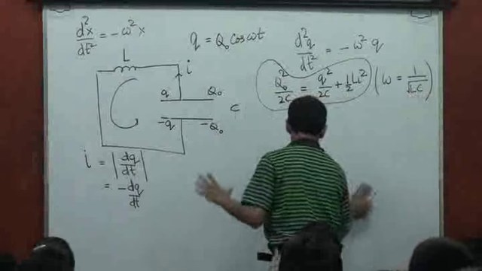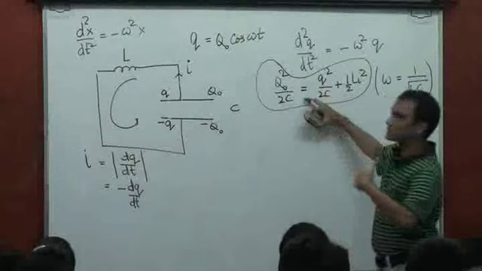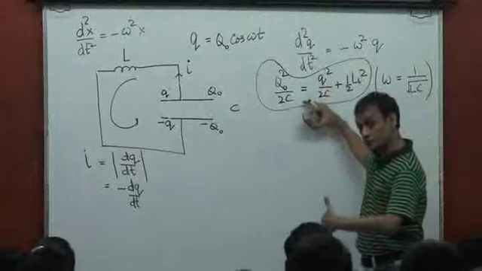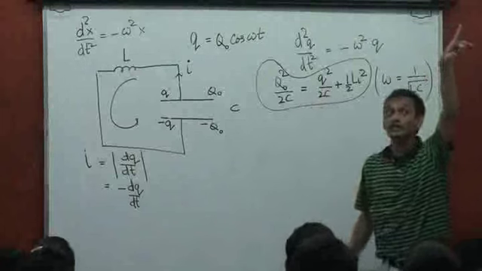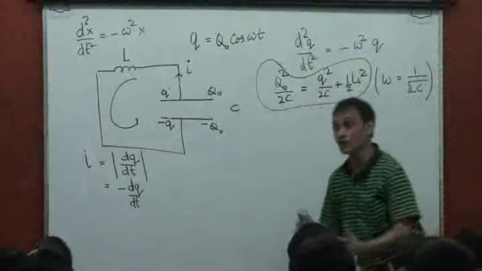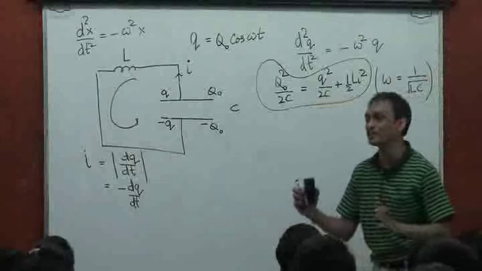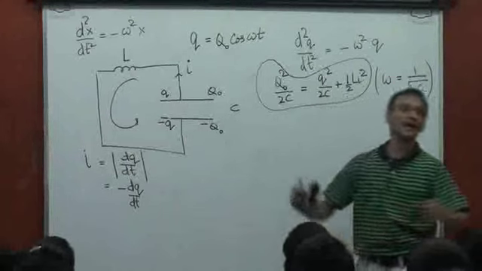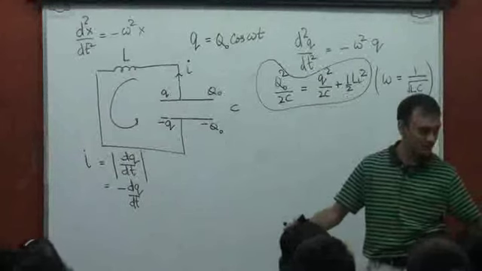In fact, we could have started the problem by solving for Q versus time from these energy considerations. Like in SHM, we don't have to start with the force equation; we can start with the energy equation, differentiate, and get the corresponding x versus time.